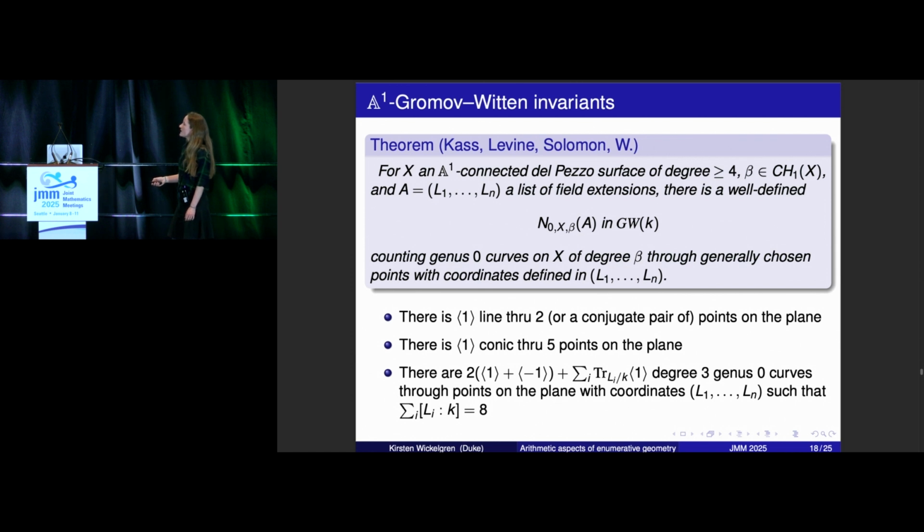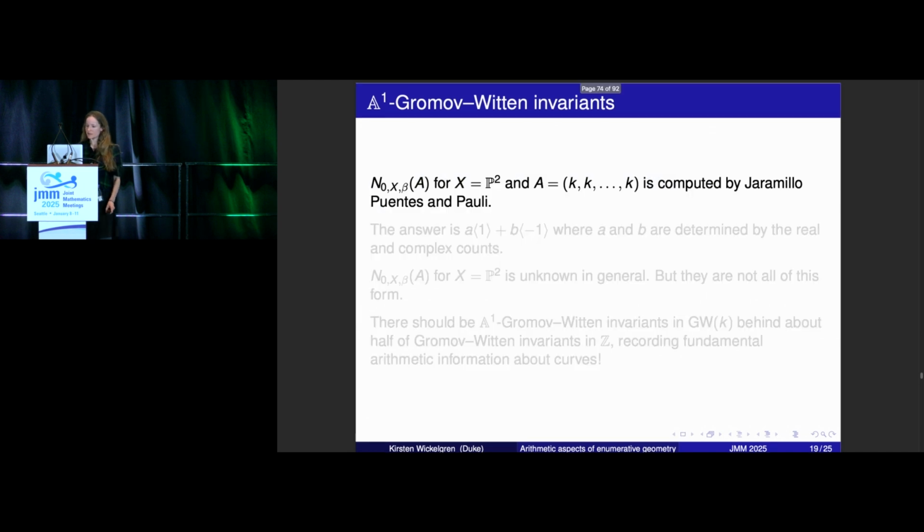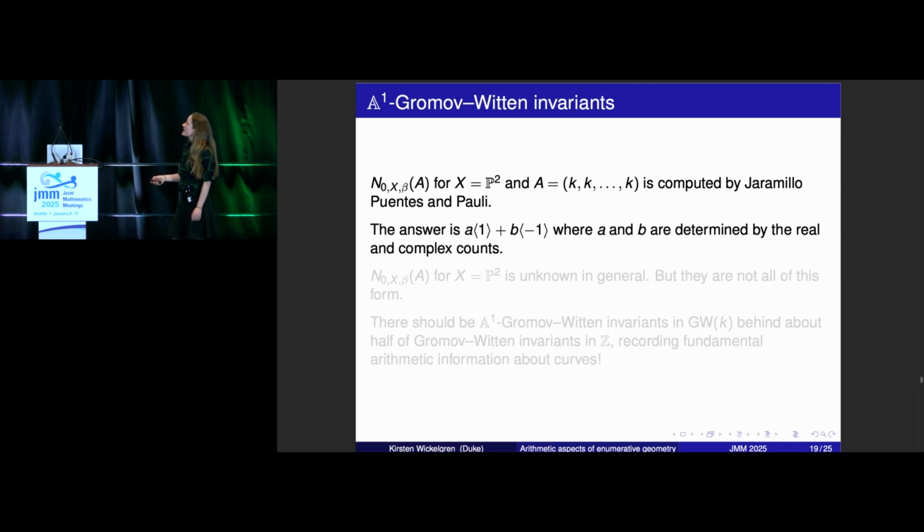This is the trace form of the field extension from Li over K. So if you choose all rational points, Sabrina Pauli and Andres Jaramillo Puentes compute the number of degree D curves on the plane, or degree beta, completely, or for any toric Del Pezzo. And the answer is that it's some integer A times 1 plus some integer B times minus 1.